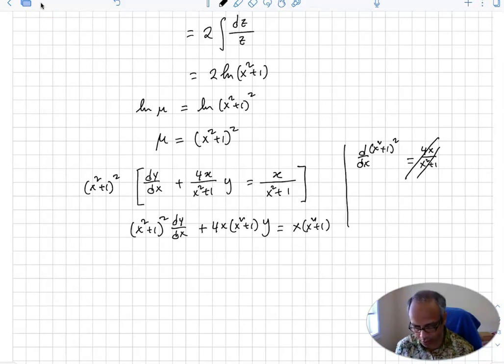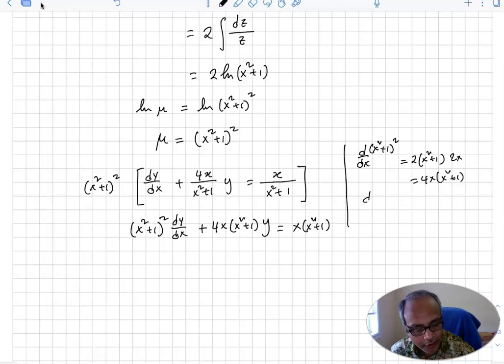So x square plus 1 gets cancelled on the right hand side, and if you look at this one, the derivative actually will be coming from 2 times x square plus 1 times 2x, so 4x times x square plus 1. So it is coming from d mu dx equal to p of x times mu. Okay, so the right hand side would be p of x times mu.